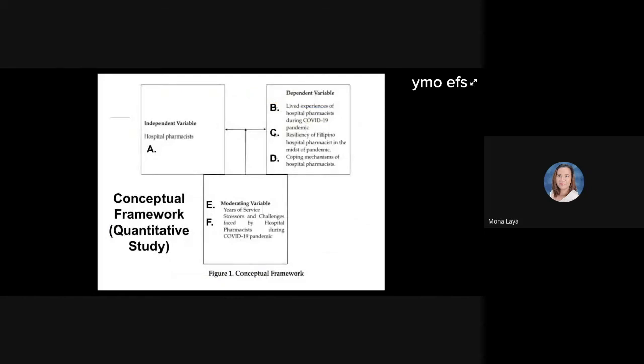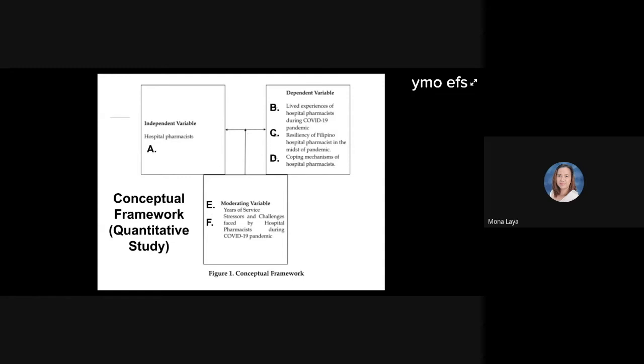Now, this is an example of a conceptual framework. Okay. Now, we only have conceptual framework for quantity. We do not have conceptual framework for quality. Although before, 3 years ago, the research office, there's some that uses conceptual framework for quali.